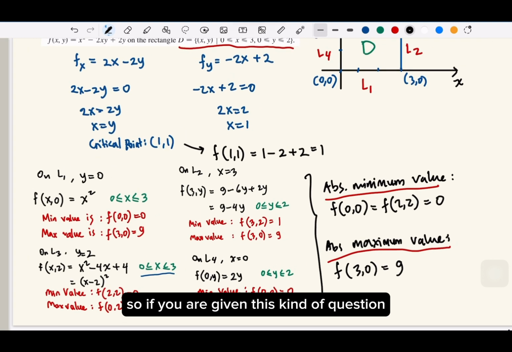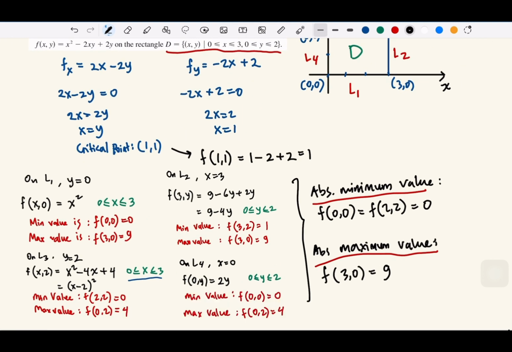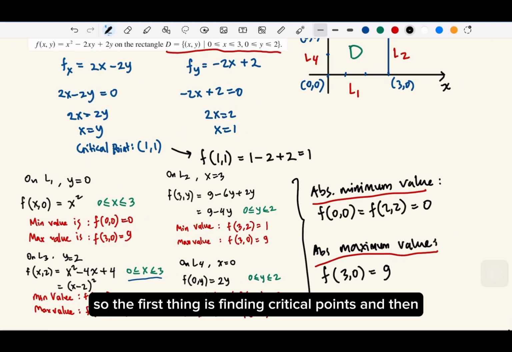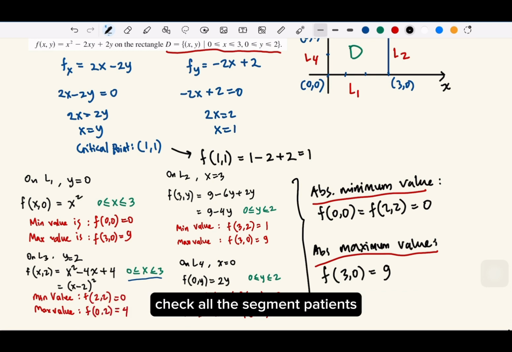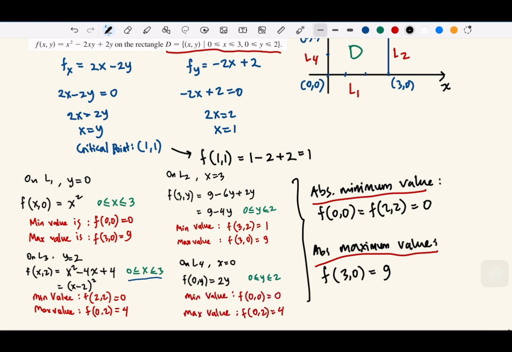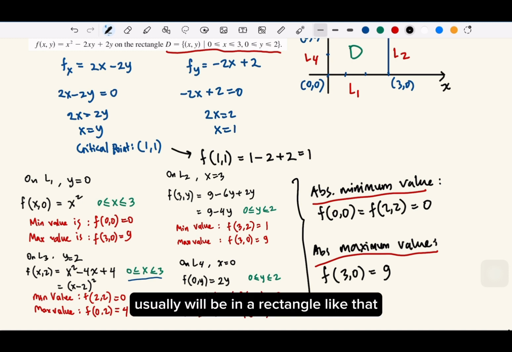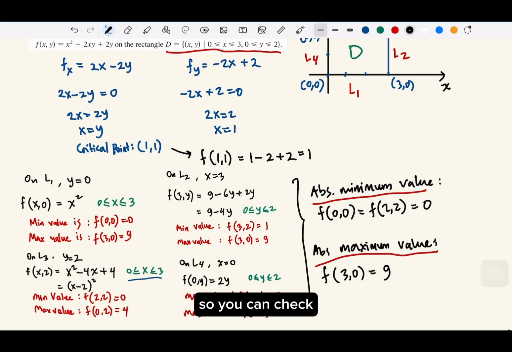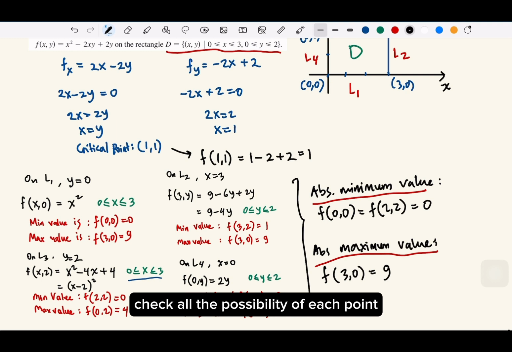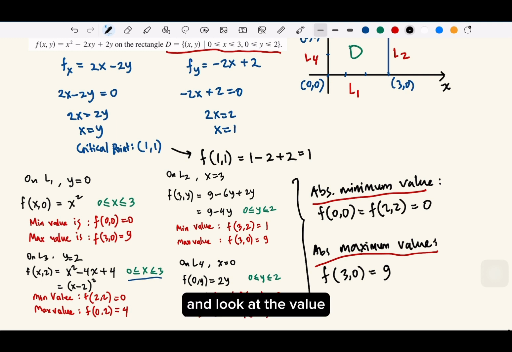So if you are given this kind of question, the first thing is finding critical points, and then check all these segments. Usually it will be in a rectangle like that, so you can check the first segment, second, third, and fourth. Check all the possibilities of each point and look at the value.